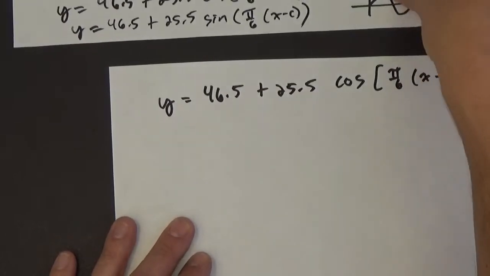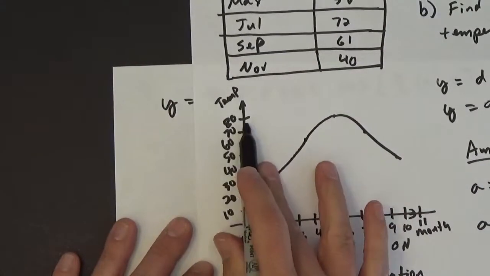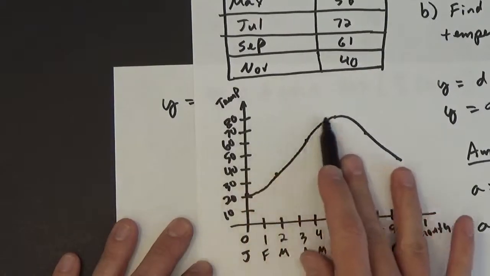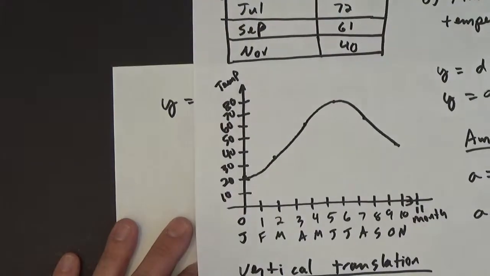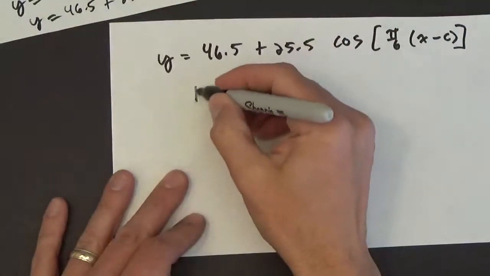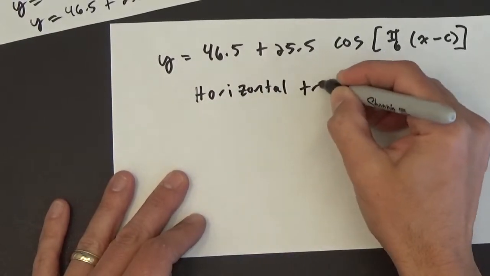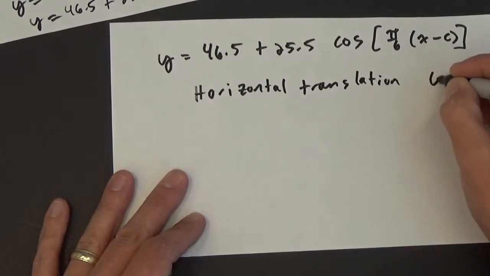And then we just have to figure out how far over this shift is. So if this was originally starting here and we shift over to 6, that means it is a horizontal translation of 6 units.